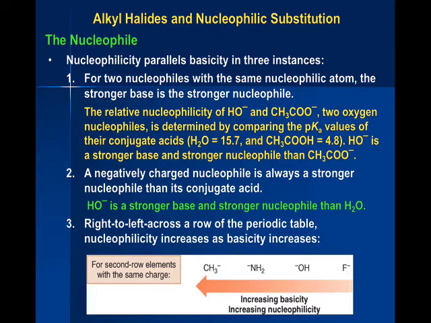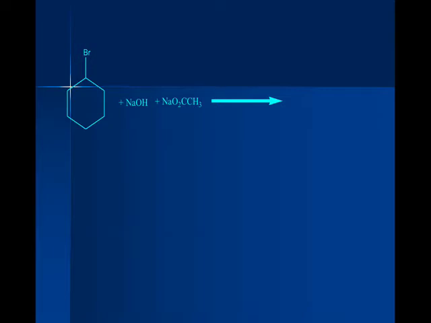Hydroxide, oxygen is less electronegative than fluoride. It's more willing to share those electrons. Nitrogen is less electronegative than oxygen. It's more willing to share its electrons. And carbon is less electronegative than nitrogen. It's more willing to share its electrons. So I think it does make good sense.